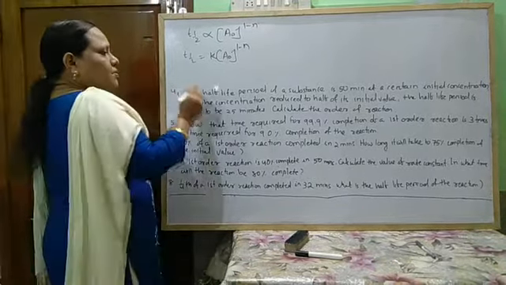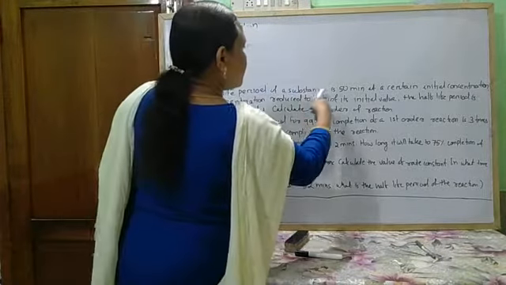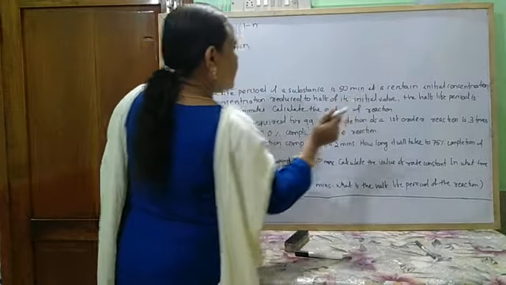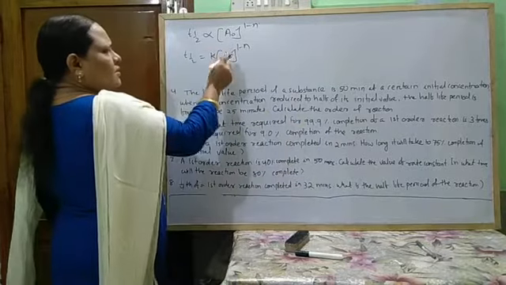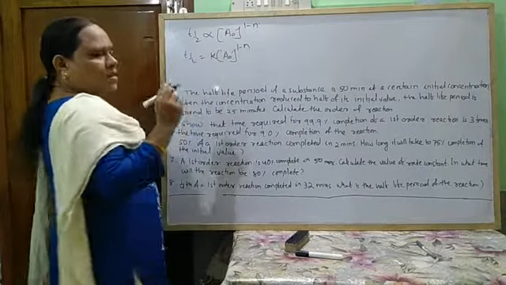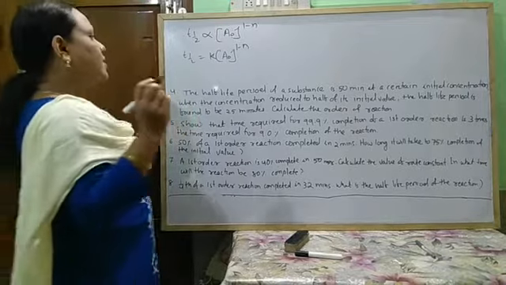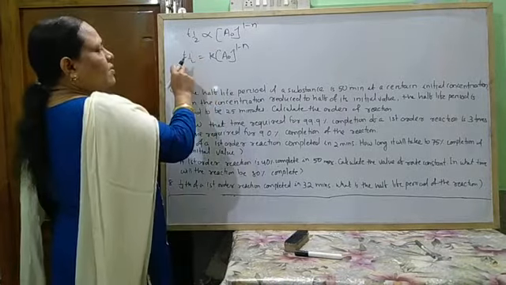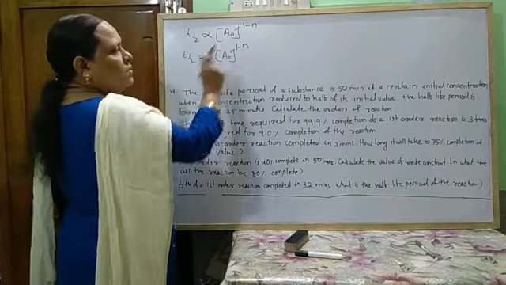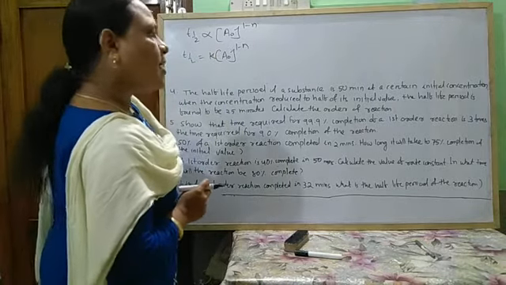So the two conditions: the half-life of a substance is 50 minutes at a certain initial concentration. Let the initial concentration A naught be a moles per liter. Here we will solve from T half equals K A naught to the power 1 minus n.